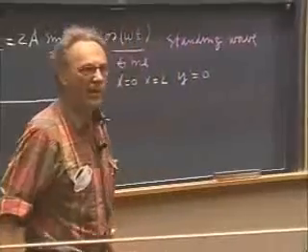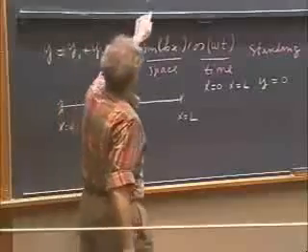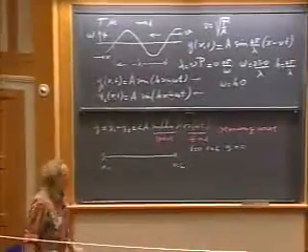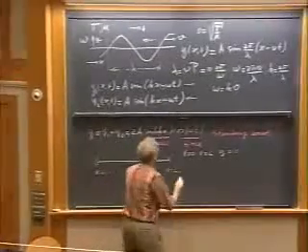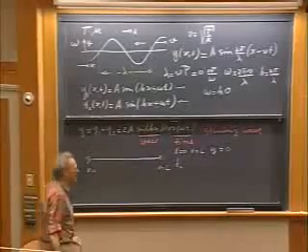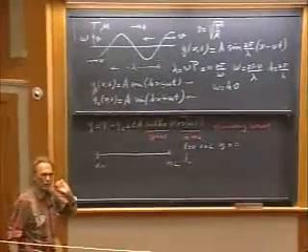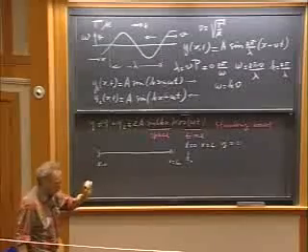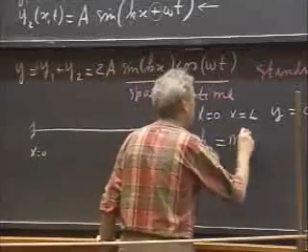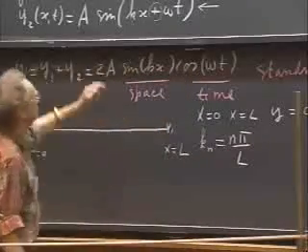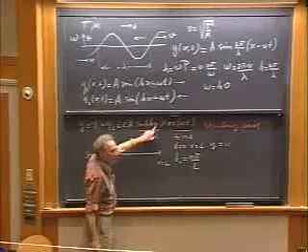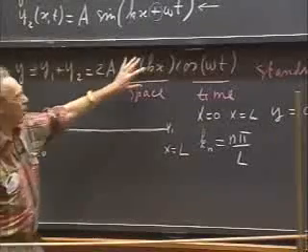And so the only way that that can be done is that you only allow certain values for k to exist. And those values for k, which I will now give an index n as in Nancy, which is going to be the normal mode, n equals 1, 2, 3, 4, is now going to be n pi divided by L. Clearly, if x equals 0, then the whole thing is always 0.